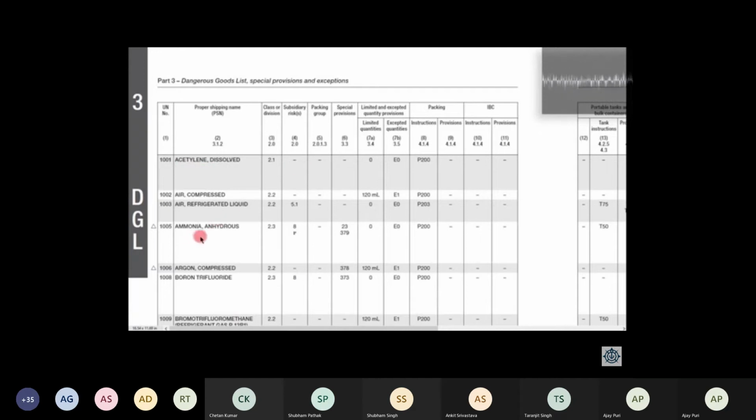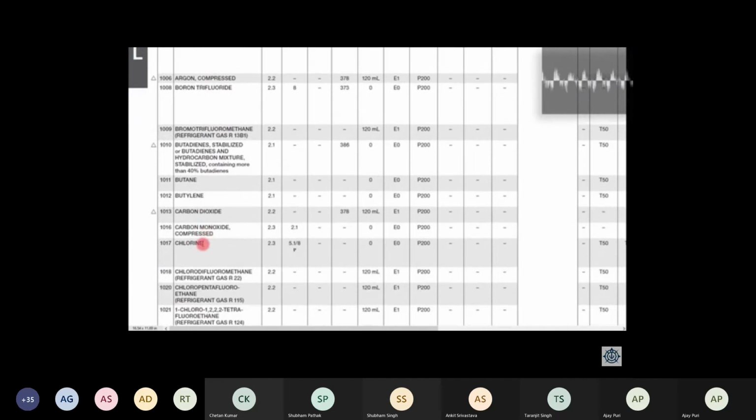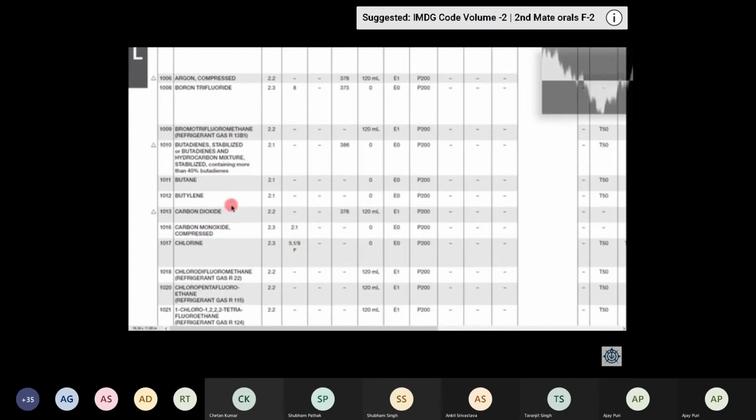Now if we look at ammonia, P is given against this substance. This means that ammonia is a marine pollutant. In the same way, chlorine is also a marine pollutant, while carbon monoxide, carbon dioxide, and butylene are not marine pollutants. So this is how it goes.